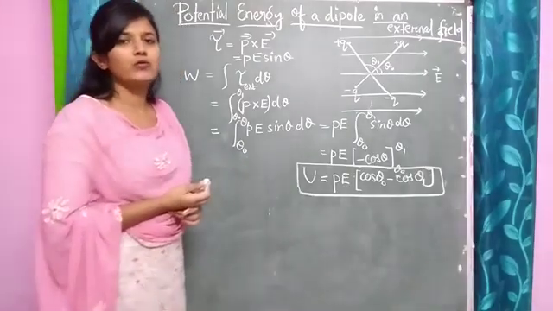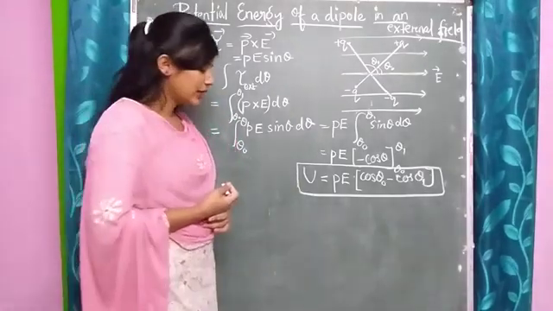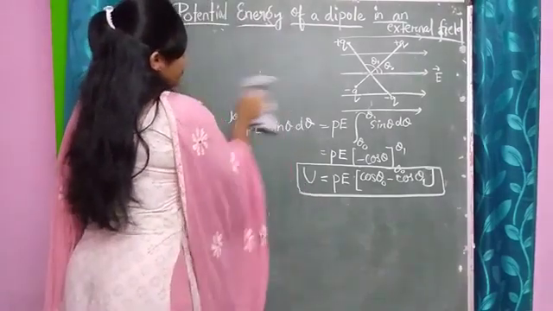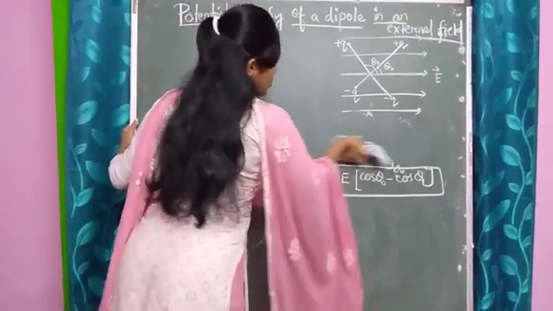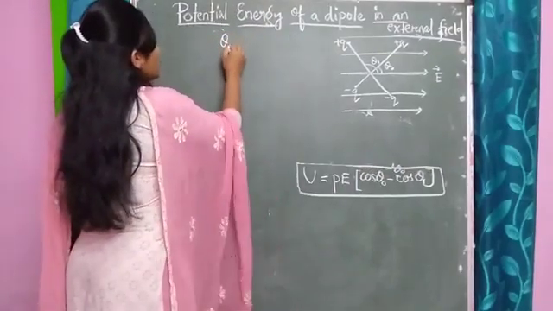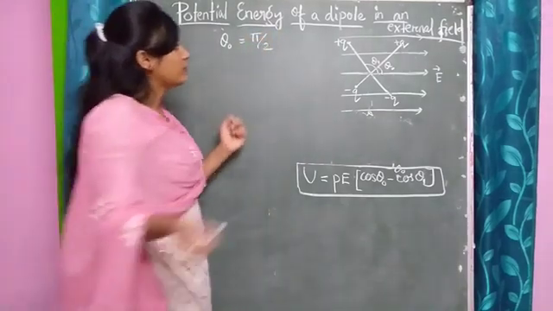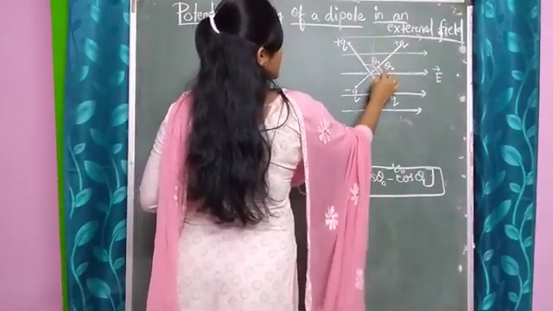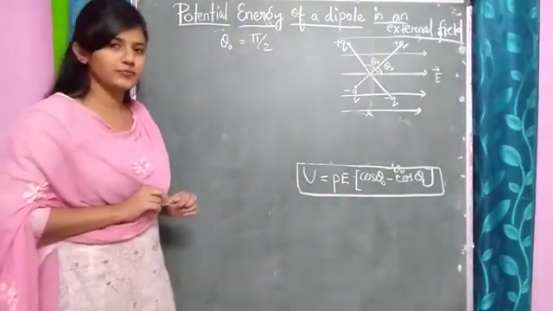If we want to find the potential energy of the dipole inside this electric field, we can choose a position where the potential energy is taken to be 0, and that is when theta naught is equal to pi by 2. If I place this dipole at 90 degrees, perpendicular to the electric field, that position gives 0 potential energy.